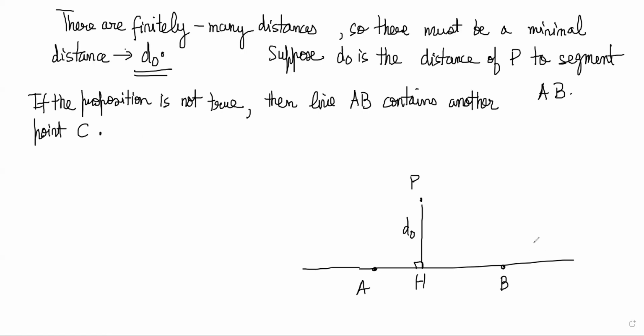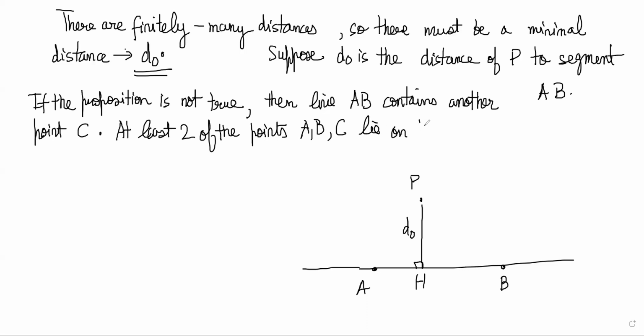Okay. So if it contains another point C, then we can say by common sense that at least two of the points A, B, and C lie on the same side of H, on line AB.